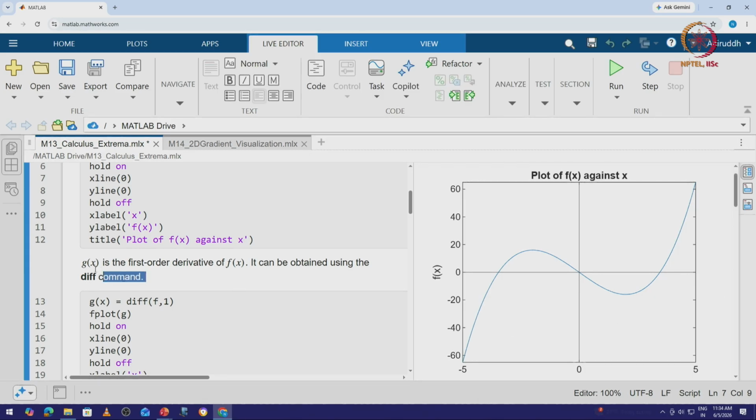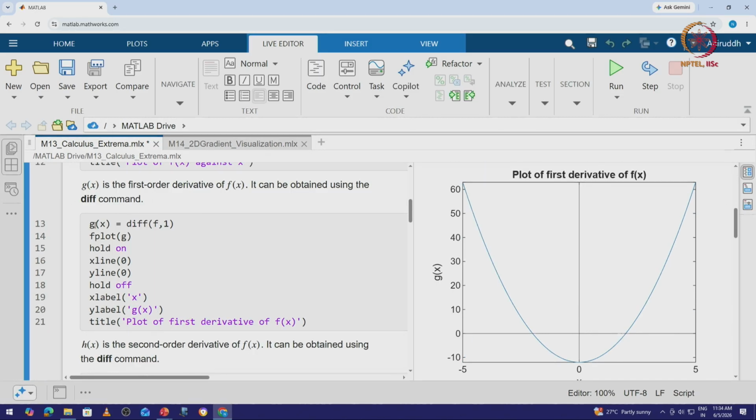Now let's take g of x, which is the first order derivative of f of x, and let's use the command diff to get the differentiation of the function. g of x is equal to diff f of x.